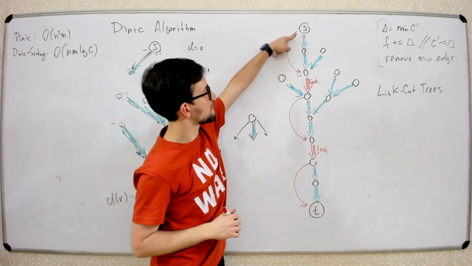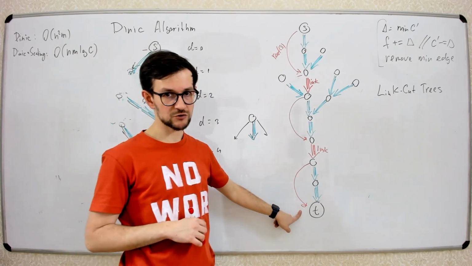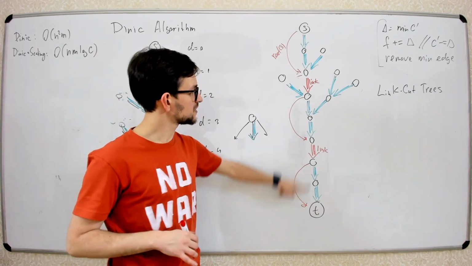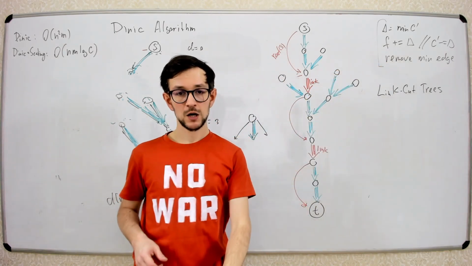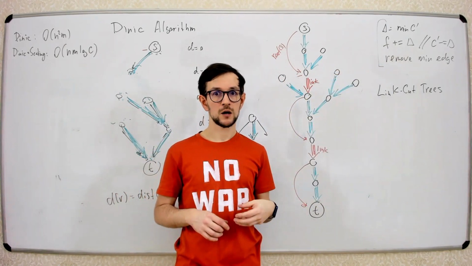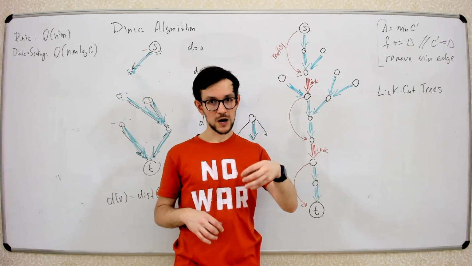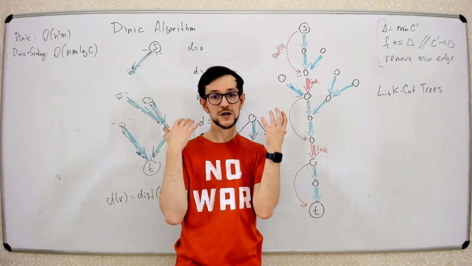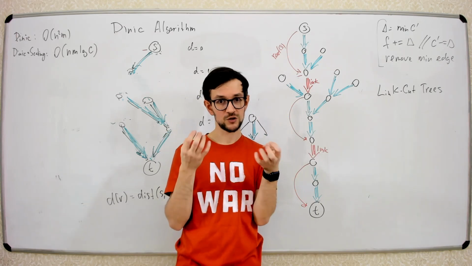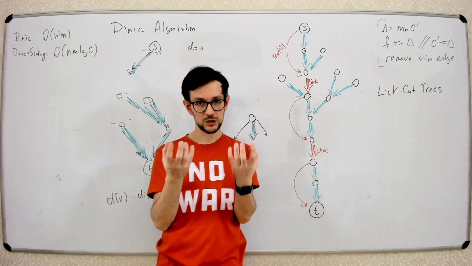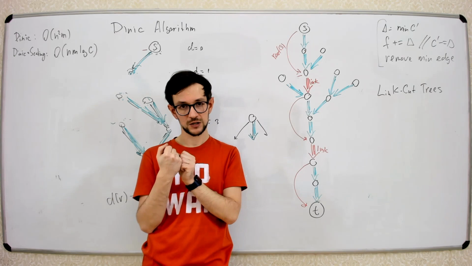Then you have a path from S to the root of this tree. And for this path, you need to find the minimum and increase all the values. Increasing and minimum are two associative and distributive operations, so you can make these two operations in a link-cut tree.